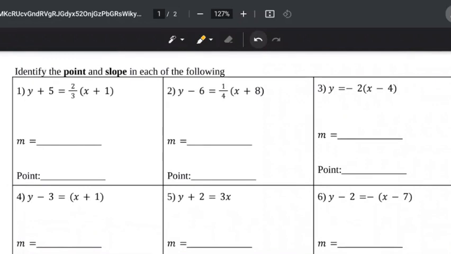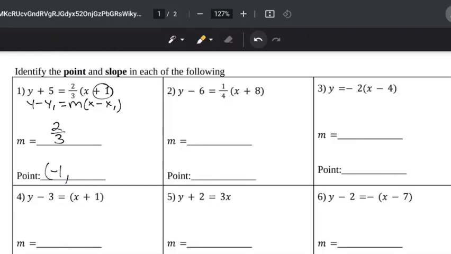So we have y plus 5 equals 2/3 x plus 1. If we follow our format, y minus y1 equals m times x minus x1. So our slope lines up perfectly, m is 2/3, and our point, our x1, is the opposite of this positive 1, so it's negative 1.